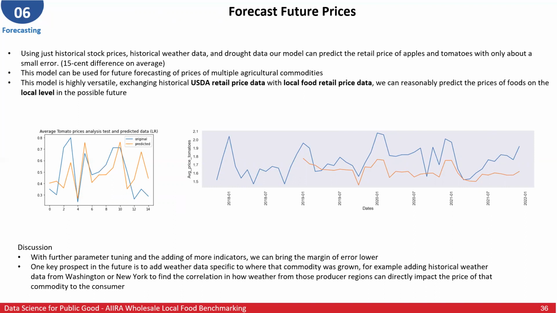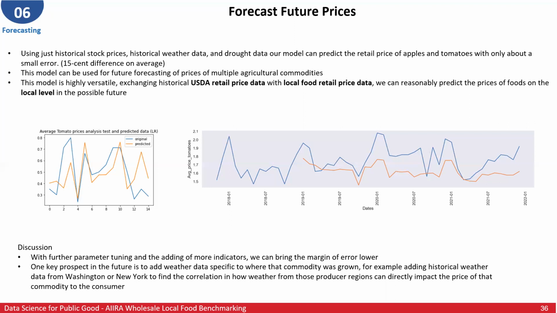This model is highly versatile, exchanging historical USDA retail price data with local food retail price data. We could reasonably predict the prices of foods on the local level in the possible future. So if we were to have a database of historical local food prices, we could easily use this exact model to predict not just Midwest retail price data, but local food prices as well.